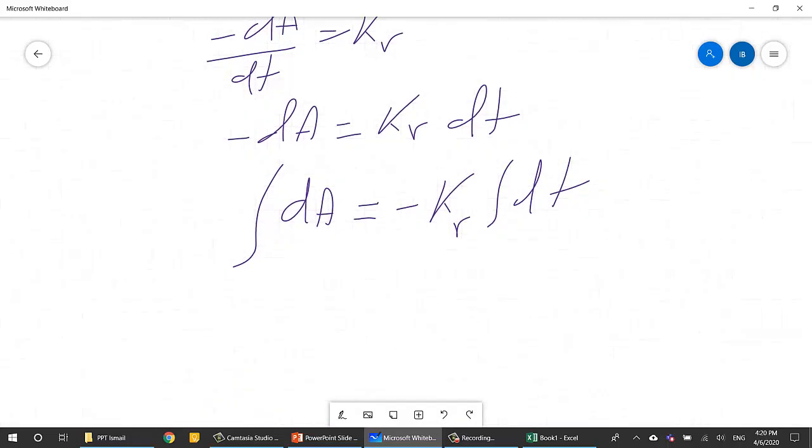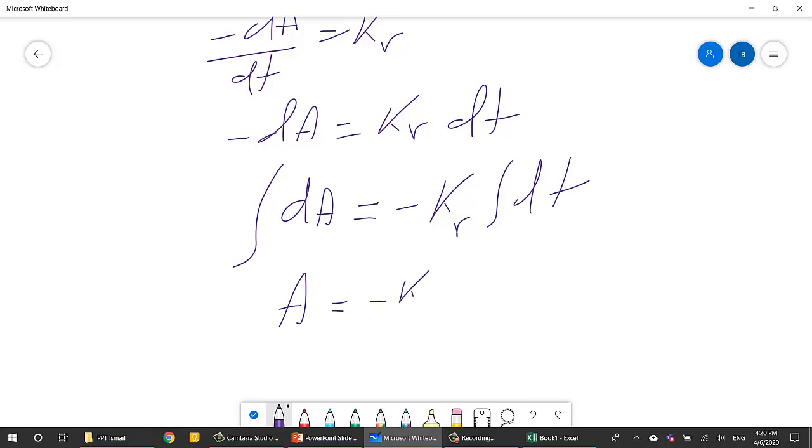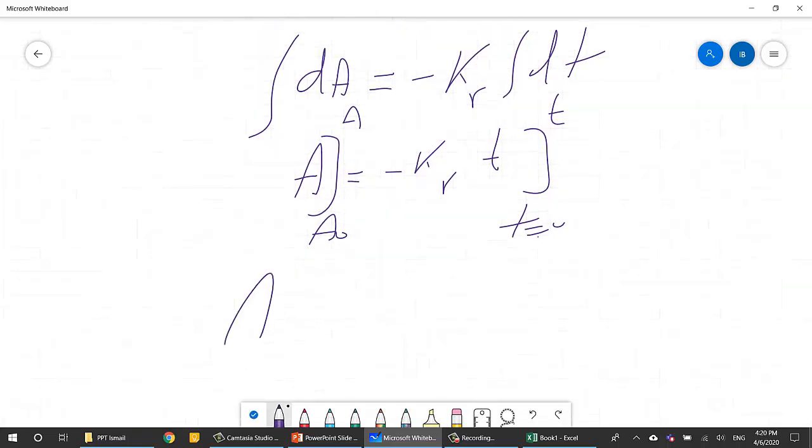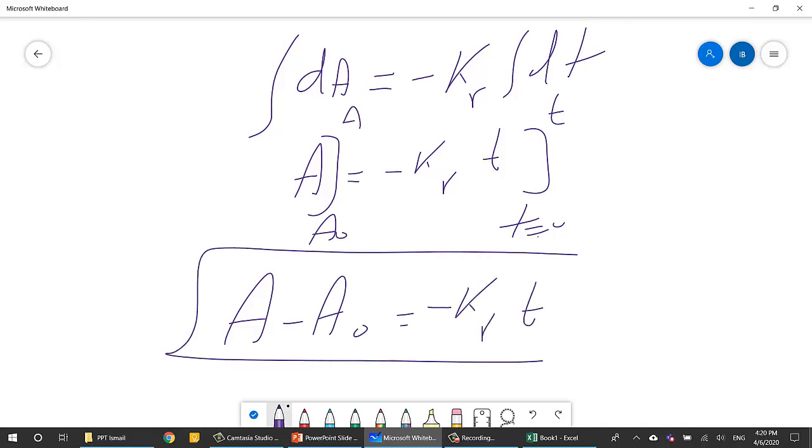That will give you integration of dA is A, equal to minus KR time. This is between A naught and A, and this is between time equals 0 and T, and this will simplify to A minus A naught equals minus KRT. This is the formula that you are going to use to solve problems for zero order reactions.